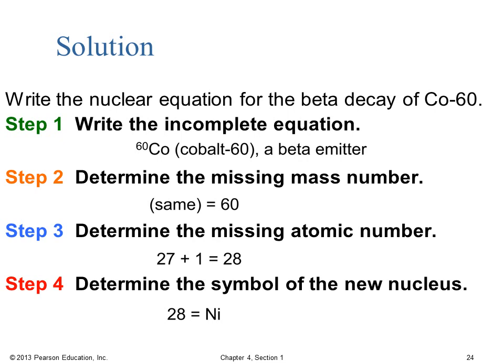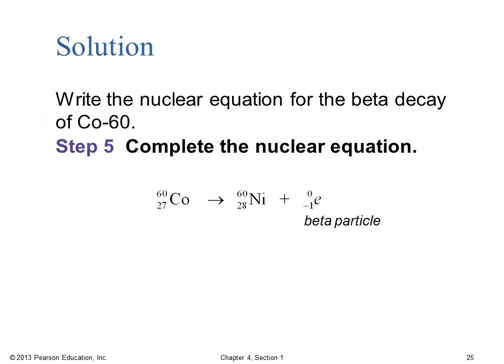And so that brings us from 27 to 28. When we look for atomic number 28 on the periodic table, we find Ni, or nickel. So then we can complete our nuclear equation written here. The mass numbers are equal for cobalt and nickel, and our atomic number goes up by 1 from cobalt to nickel.